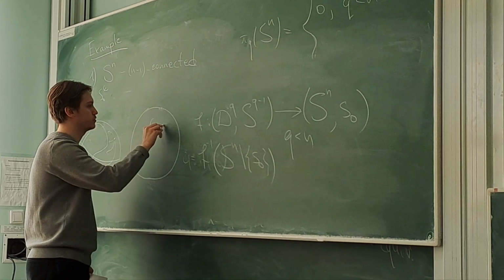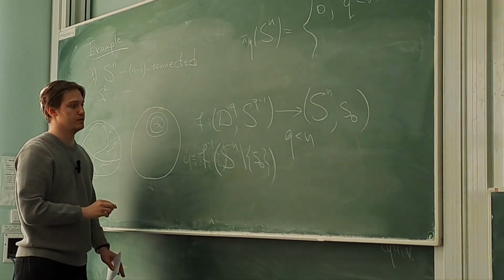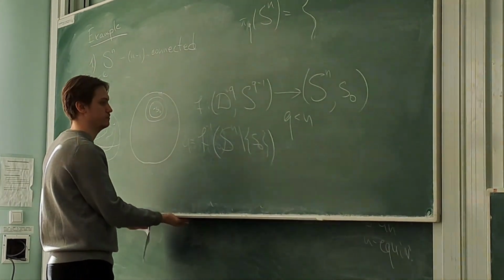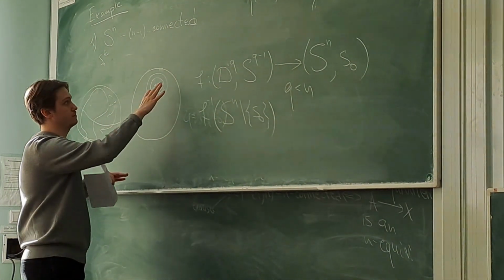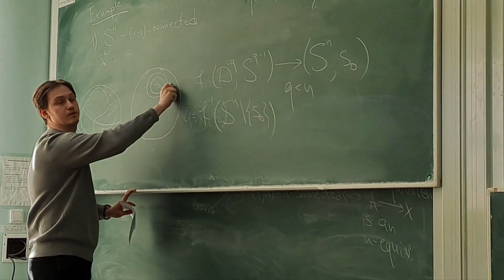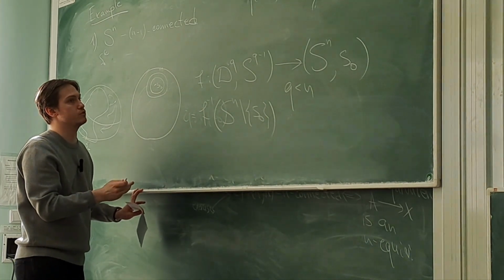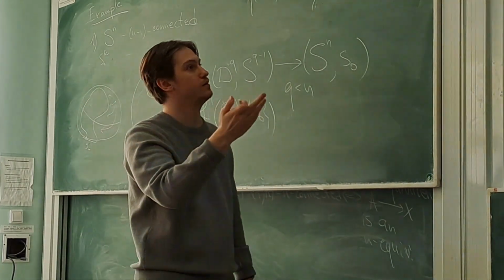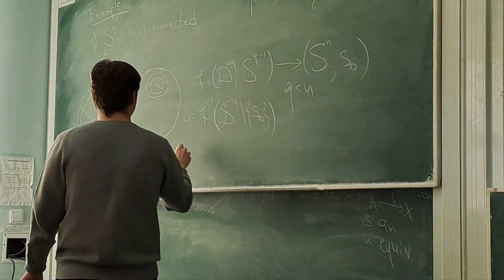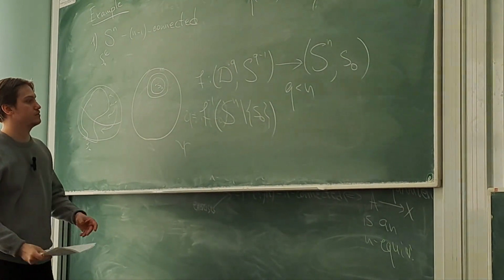Then I need to take some small ball and another small ball, and the point is that we can approximate the restriction of f on this part by a smooth map. The approximation theorem gives us such a psi.